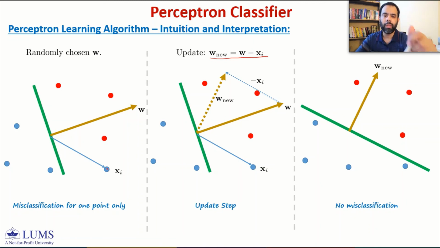If you also observe, the angle between this new weight and the point for which we had misclassification is now greater than pi by 2. So that was the geometric intuition and interpretation of the perceptron learning algorithm.